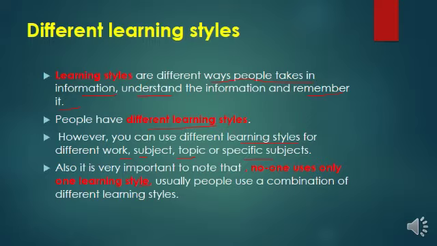Usually people use a combination of different styles. So basically here we are just explaining that when you learn, you use different learning styles: when you take in information, the way you understand it, the way you remember it, the way you memorize it.